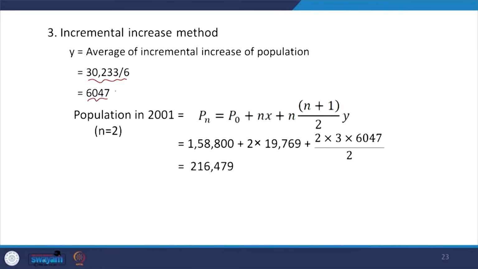So let's move on. So population in 2001 is equal to P naught 1981, n 2 decades, x, we have that average increase per decade. This we calculated when we were looking at arithmetic mean method. So n is 2, n plus 1 is 3, 6047 is what we calculated earlier, and now we end up with this, right?